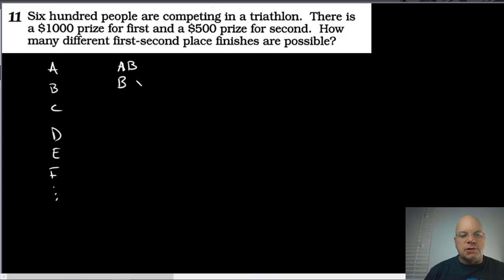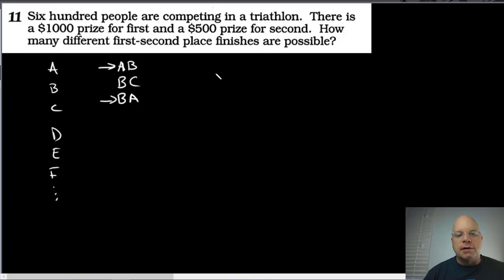B could finish first and C could finish second. You could also have B finish first and A finish second, and this would be different than this. It would be different because there's a different prize for first place than there is for second place. So AB is a different finish than BA, and those are called permutations when the order matters.